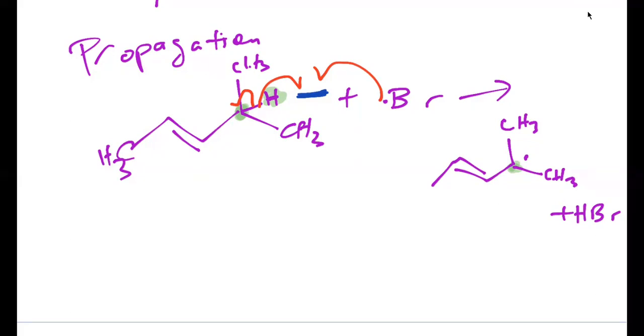That radical is not stable like it is, but there's a way to stabilize it. What would you do? Think back to that first, maybe second week in organic 1. Resonance, maybe? Say again.